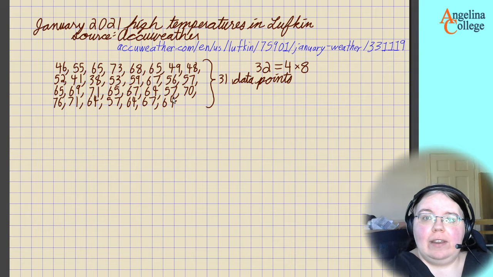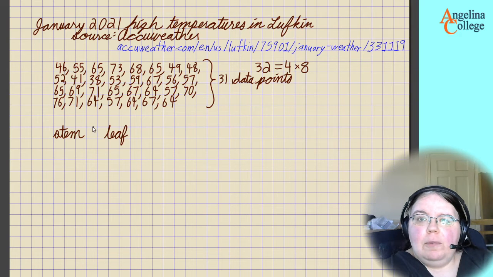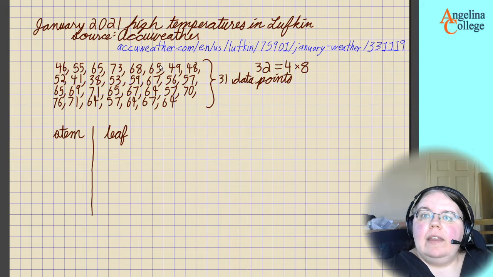So I'm going to organize this. And again, the stem and leaf plot is the way I'm choosing to organize it. So I'm going to have my stems and my leaves. And those will be separated by a vertical line. Now I notice that I need to have stems starting at a 3 for numbers in the 30s and going up to a 7 for numbers in the 70s.